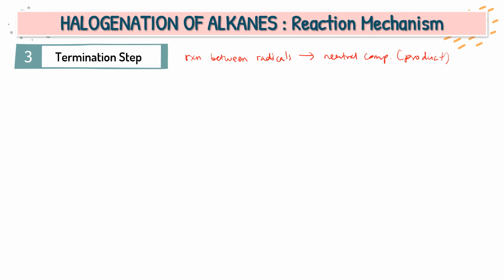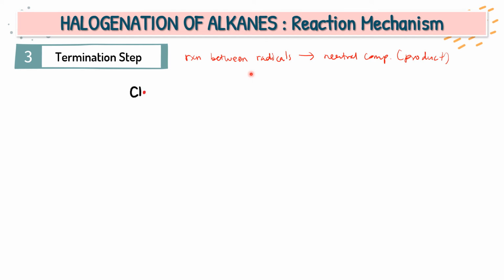So yang tu nanti akan jumpalah dekat sini, pada termination step. Okay, kita tengok apa the 3 equation ataupun the 3 reaction on the termination step. Okay, macam saya cakap tadi, dia adalah reaction antara radicals. So apa yang kita akan buat, kita akan reactkan radical dengan radical. Kita ada 2 jenis tadi, chlorine and alkane radical. So kita tengok.